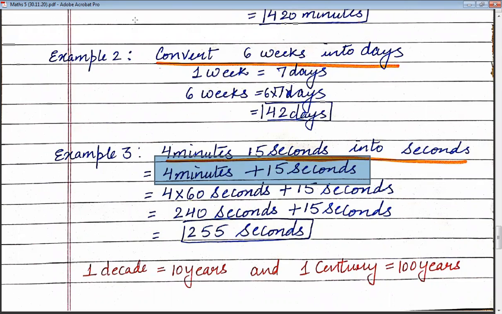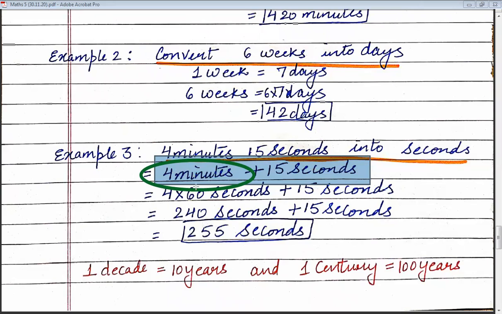So we have to convert this 4 minutes into seconds. The 15 seconds are already in seconds, so there is no problem with them. We just have to convert 4 minutes into seconds first.